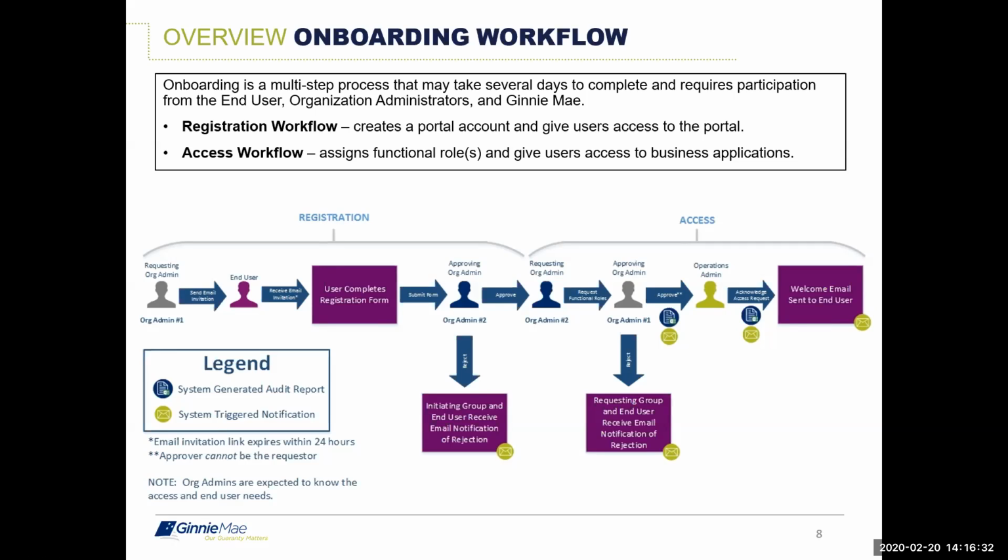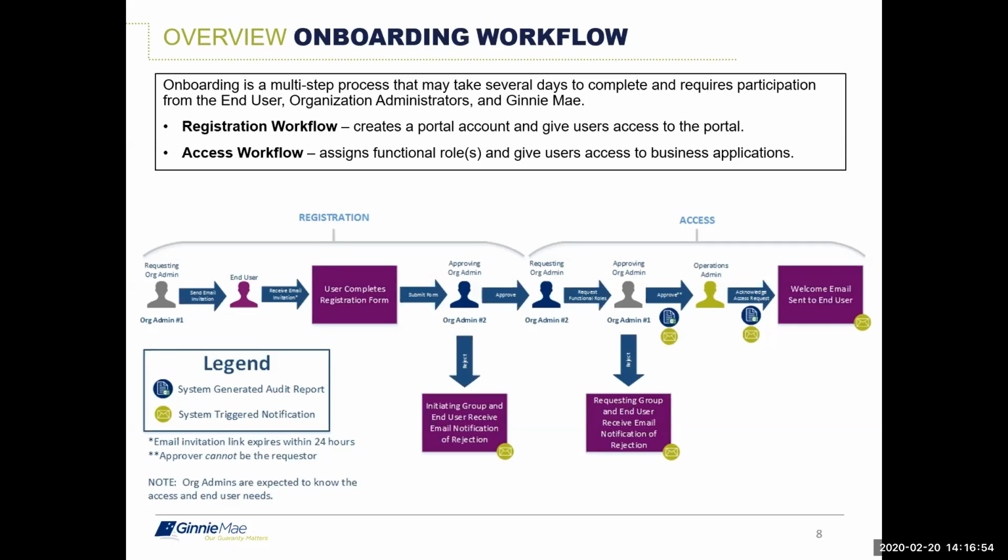Once those two workflows have been completed, it's what we call our onboarding workflow, and a user will then be able to log in to the portal and access the business applications that they need to do business with GinnieMae. Let's talk through these steps. Starting on the left-hand side of the screen, you will see that there is a requesting organization administrator.